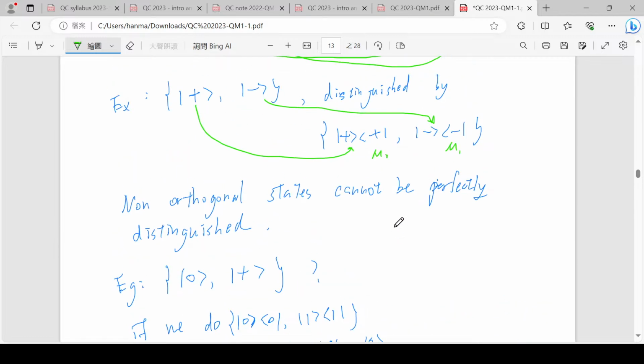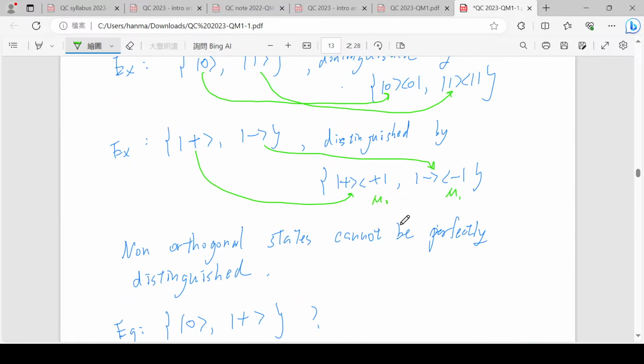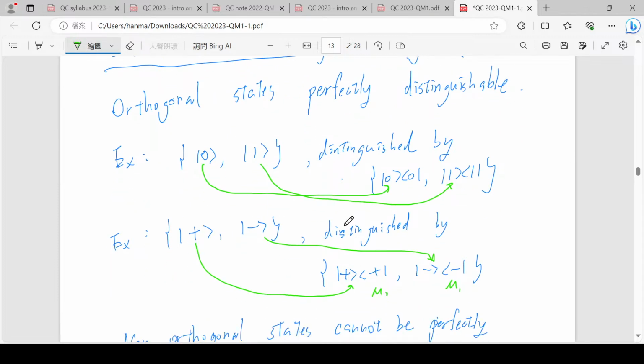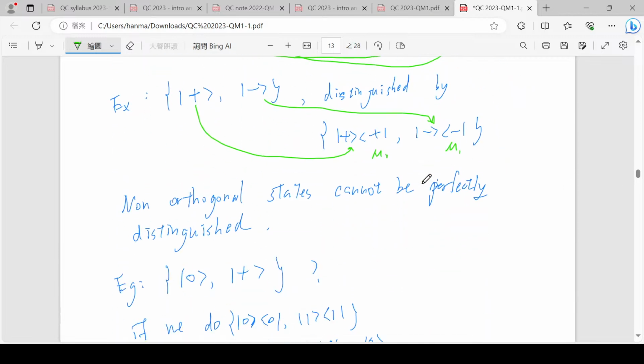And I guess we can just extend our I to be whatever alphabet of states. So our I is now plus and minus. Anyway, that's what we mean by perfectly distinguishable. You have some states and some measurement, and each state will always give you one measurement outcome, and every state gives you a different measurement outcome.